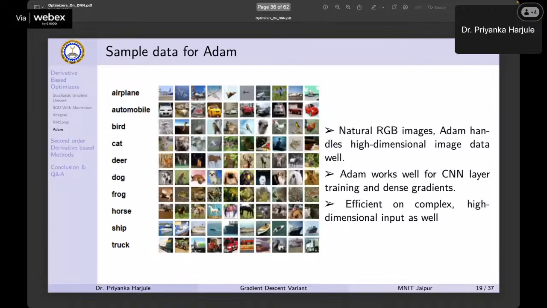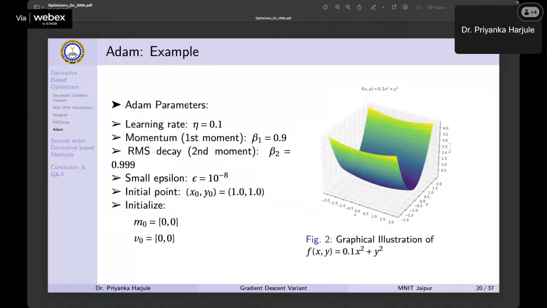Okay. So this is sample data for Adam. Basically, Adam works well for almost all data sets, especially in CNN architectures. It is efficient on complex and high-dimensional input as well. So we take the same example as we took for RMSprop, with the first moment as 0.9 and the second moment as 0.999, epsilon as 10 to the power minus 8, and we start at the same point, 1, 1.